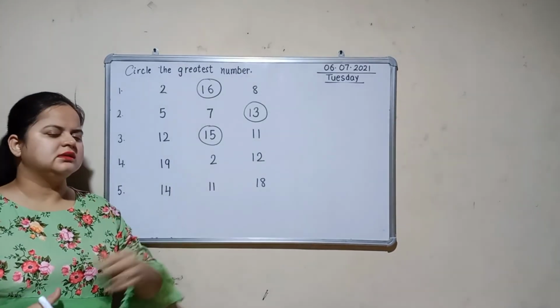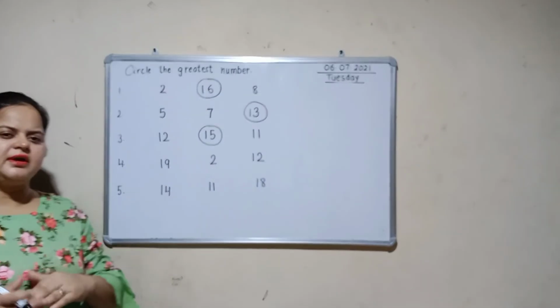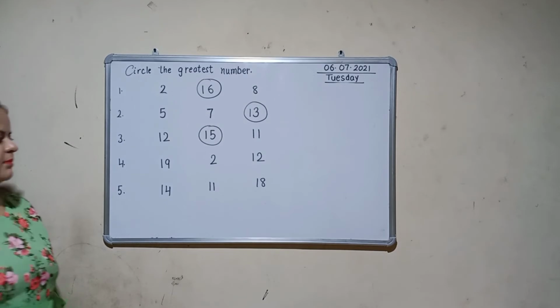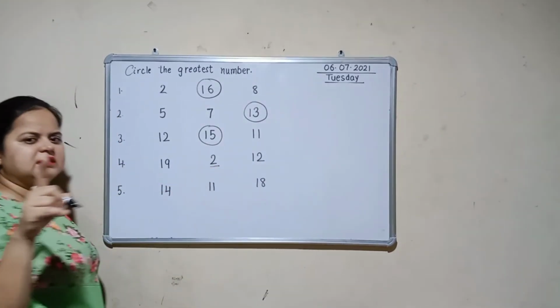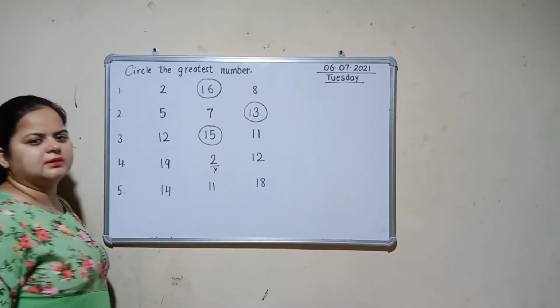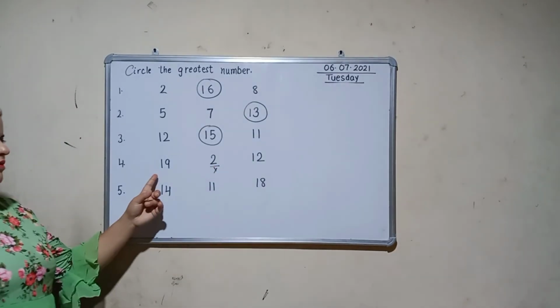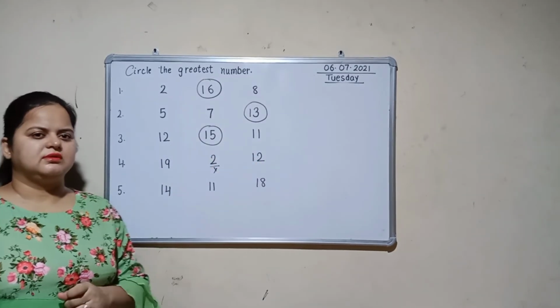19, 2 and 12. We have to compare these three numbers and find out the greatest number. From these three, we have one digit number. So this is the smallest number. Yes. Now we will compare these two numbers, 19 and 12.